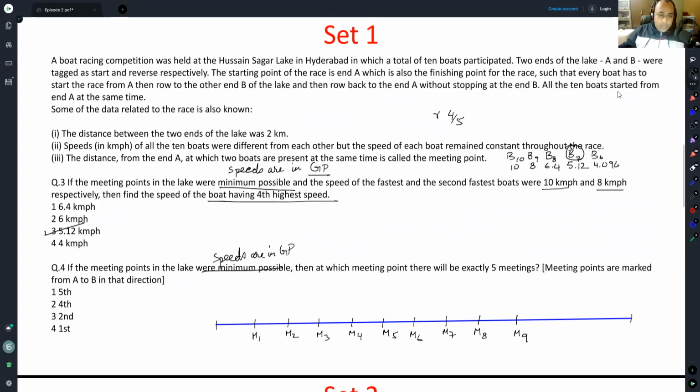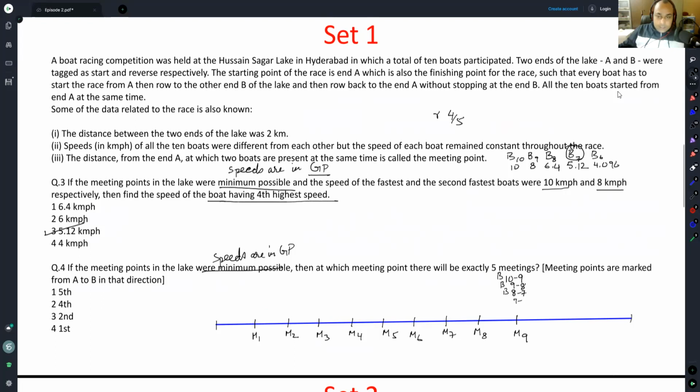Now at this meeting point 9, because the speeds are in GP, we will have how many meetings? 10 and 9 will meet here, 9 and 8 will meet here, 8 and 7 will meet here. All these are boat numbers.